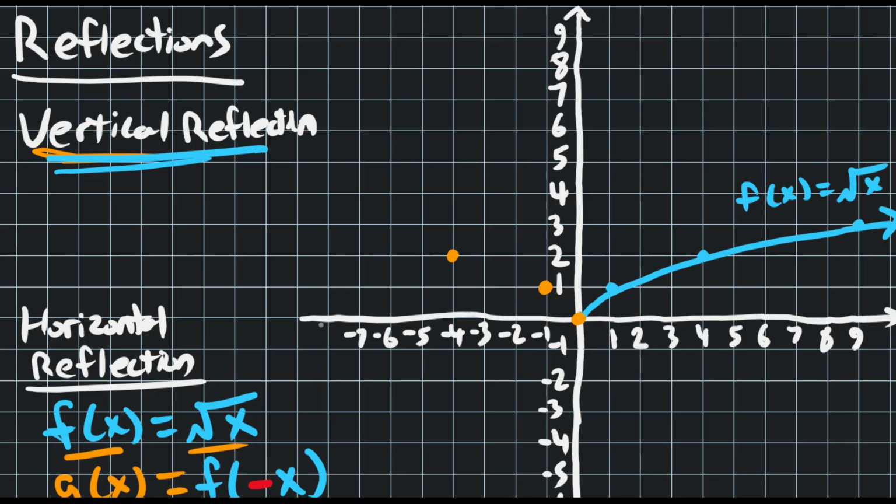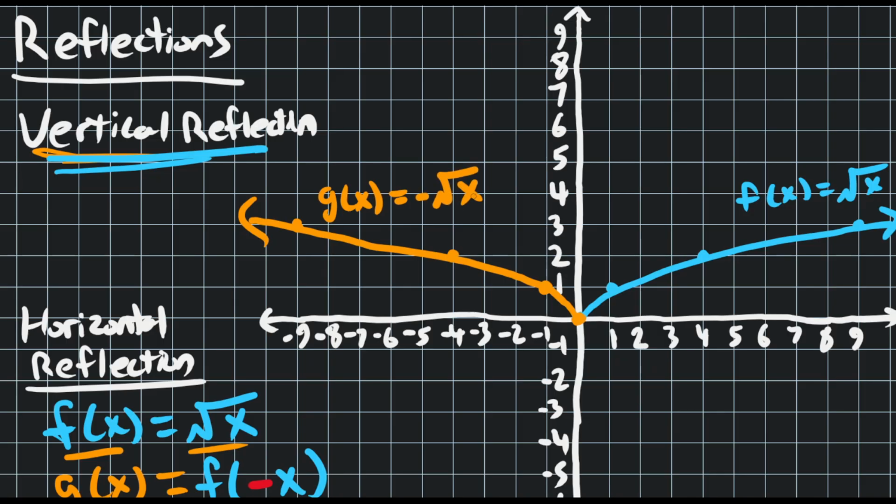We have negative 9, negative 8, negative 9, so it becomes (negative 9, 3). And there we go. We can connect the points of this graph, and we have g of x, which equals radical negative x. G of x is just f of x flipped across the y-axis.